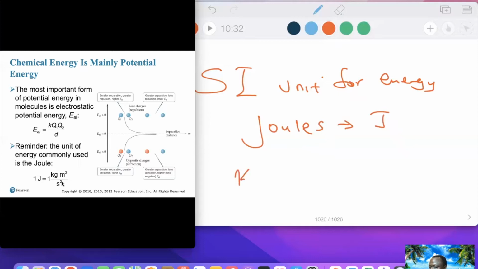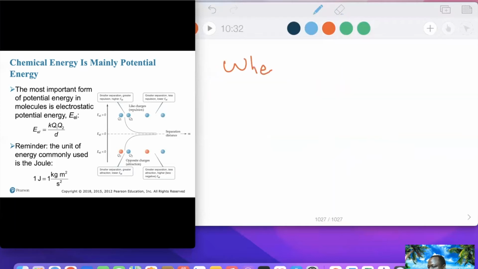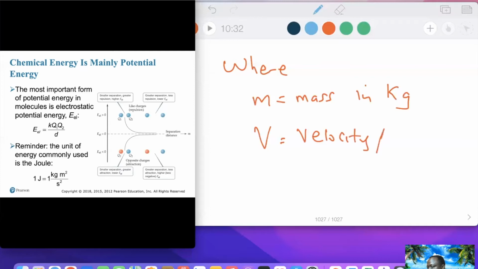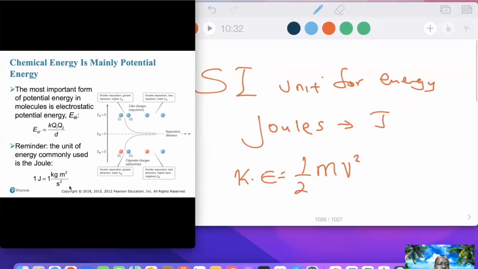Recall, kinetic energy is determined by multiplying the mass of an object times the velocity squared, where m is mass in kg and v is velocity, or sometimes speed, in meters per second, so that when you square velocity here, you end up with meter squared.